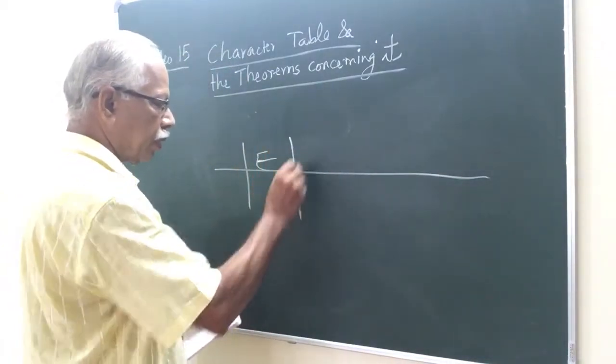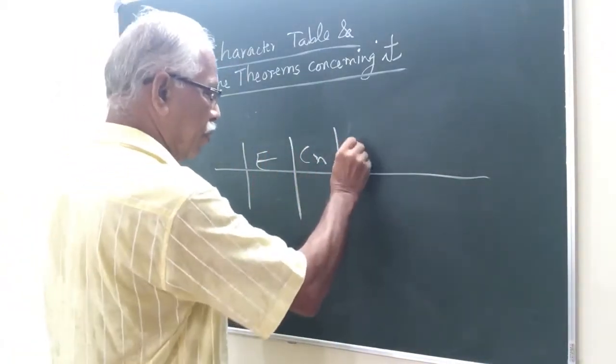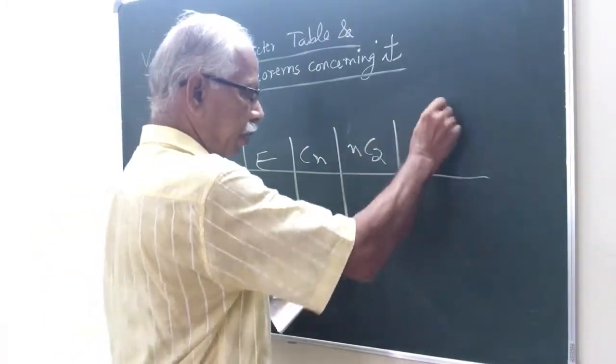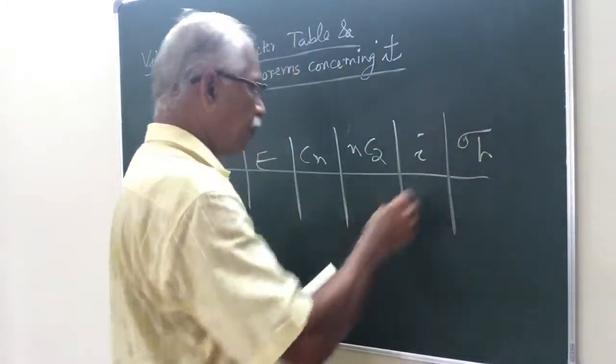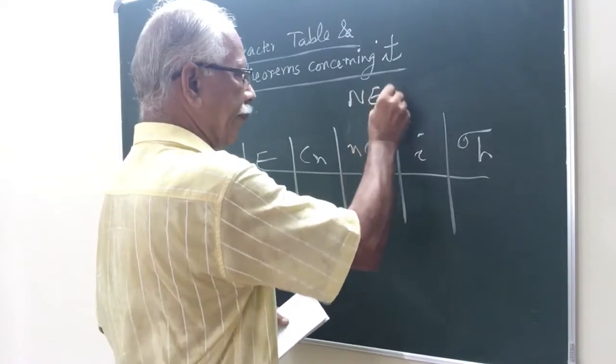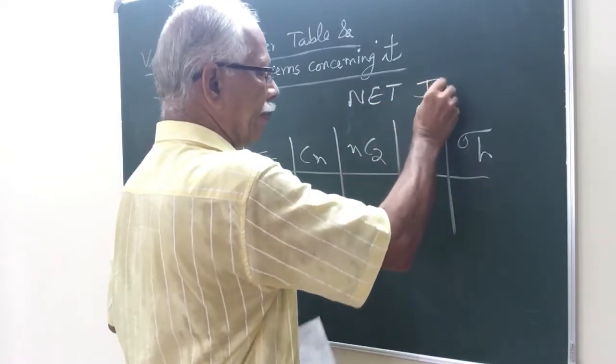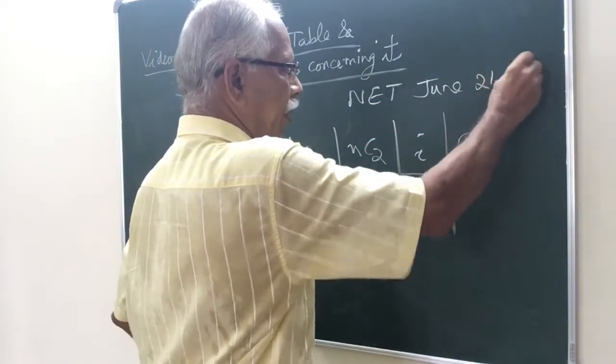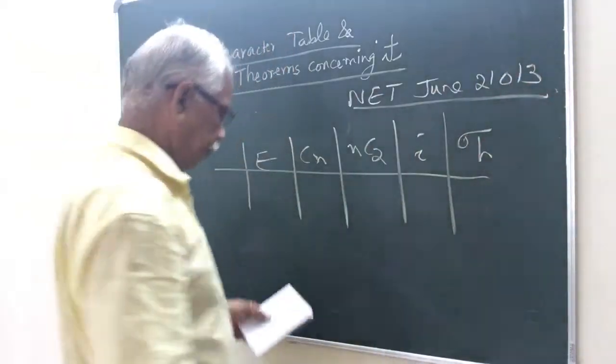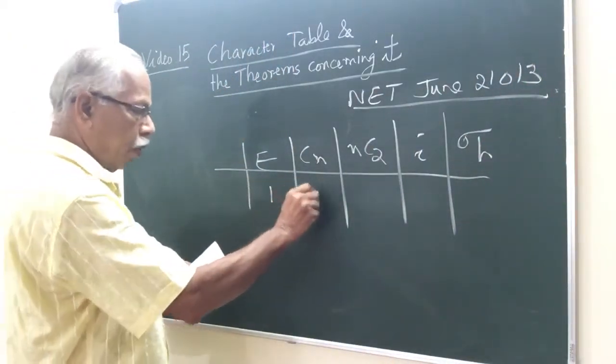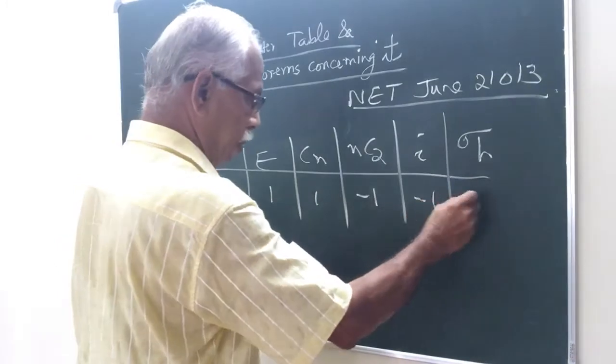E, Cn, NC2, I, sigma h. The characters are 1, 1, minus 1, minus 1, minus 1.